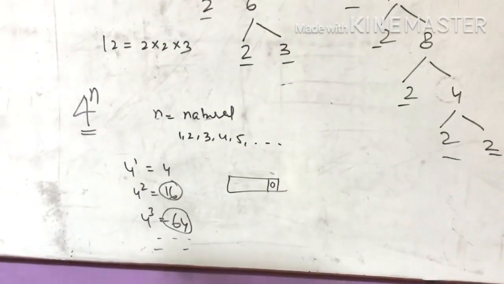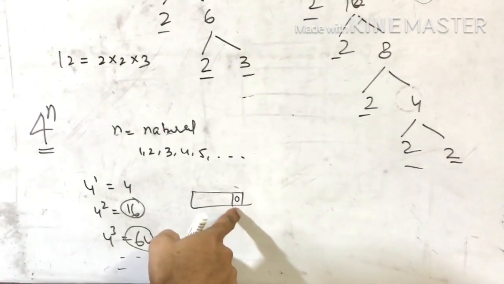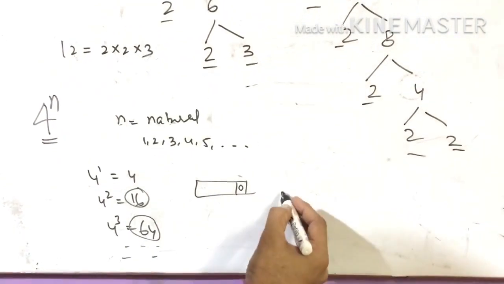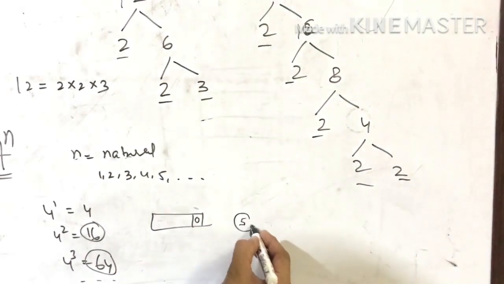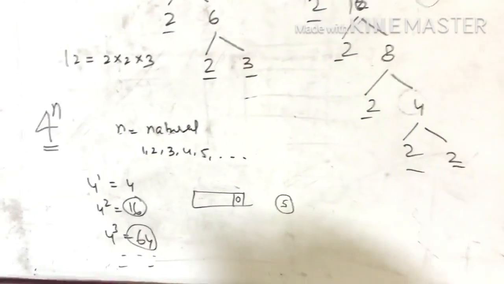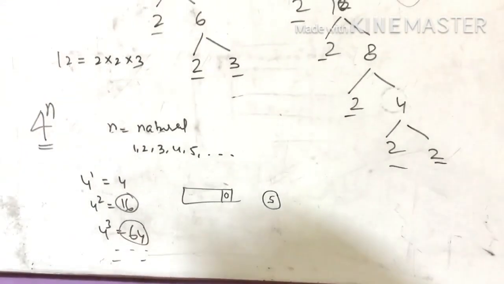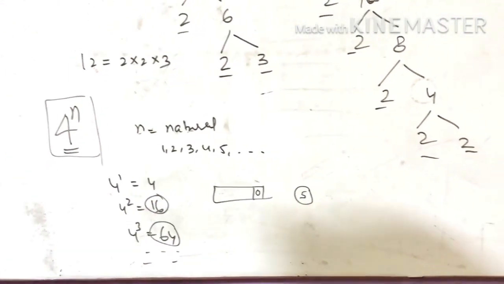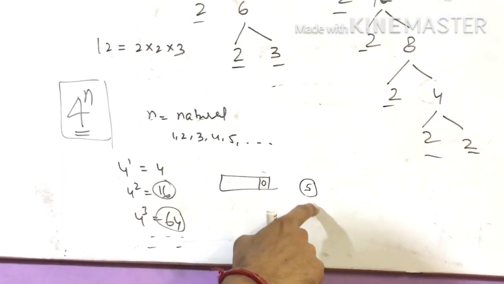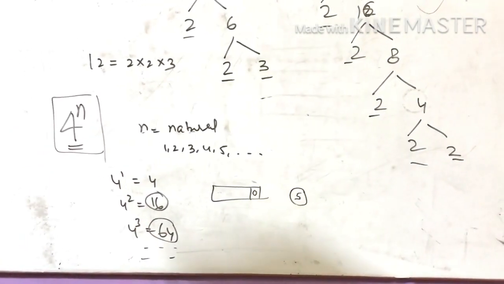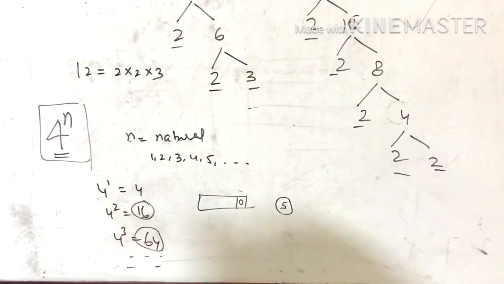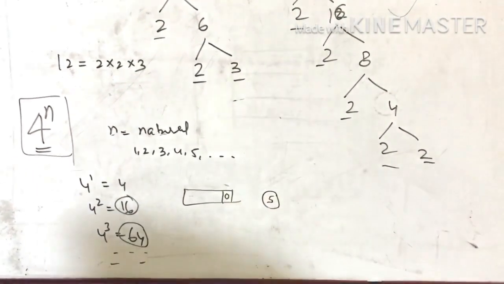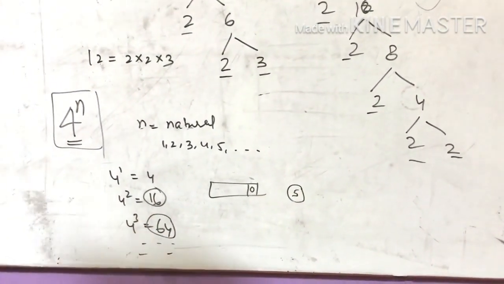As you know by the divisibility test, when the last digit is 0, the number should be divisible by 5. So if that number is divisible by 5, it means that 4 to the power n should have a factor of 5, because the number which divides a particular number is also a factor of that number, 4 to the power n.